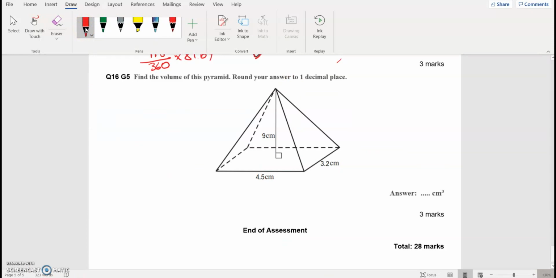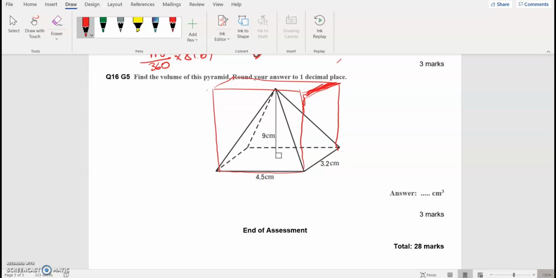What we know is that if I were to make a cuboid with the same dimensions as this pyramid, so it has the same length, width and height, the volume of the cuboid would be 3 times the volume of the pyramid.